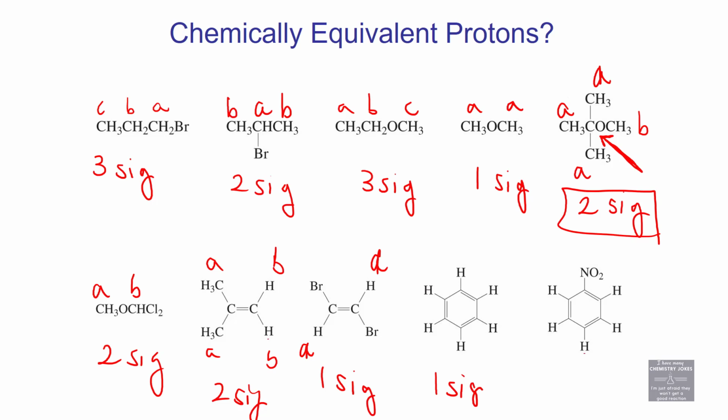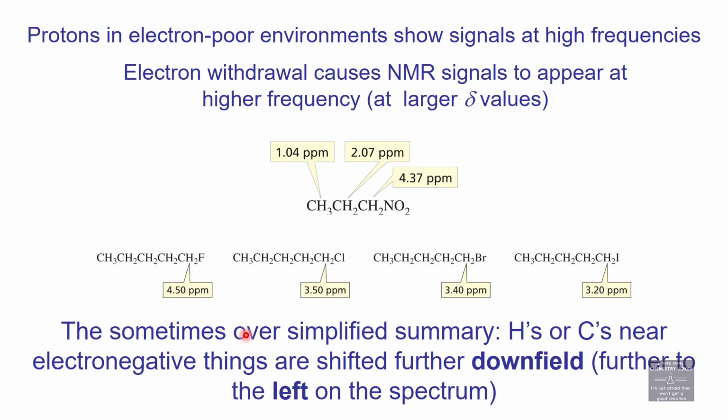For the same reason the carbons are the same. This and that, same. This and that, same, but different from the first. And this one is unique. 3 signals. Why did our other one show 4? Because that carbon ain't got no hydrogens. You heard me.